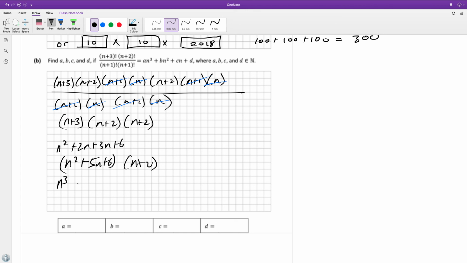N cubed plus 5n squared plus 6n plus 2n squared plus 10n plus 12. N cubed plus 7n squared plus 16n plus 12.